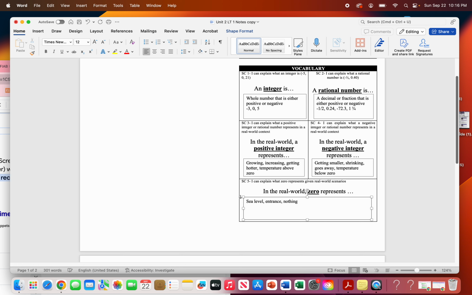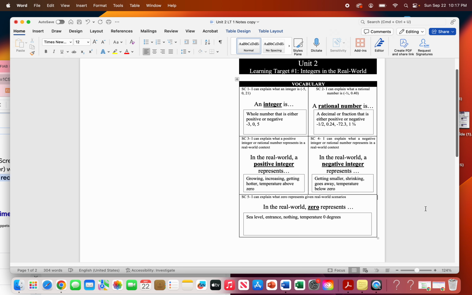So make sure you write all 3 things down. If it's a temperature, it's 0 degrees. So for a temperature, it is 0 degrees. And I'll fix that for you. Okay, so make sure that you have all of this vocabulary down. I know I type a lot faster than you can write, but at any time you can pause. You're gonna have to know this vocabulary for your formative quick checks.